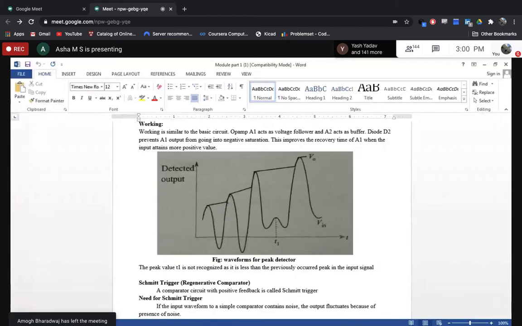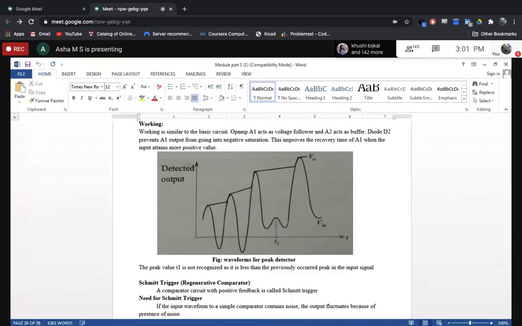You're going to use it with a load, for a real-time application. So what happens when you connect the load to this simple circuit? The peak value the capacitor has detected may not be maintained. That's why we need this improved circuit.